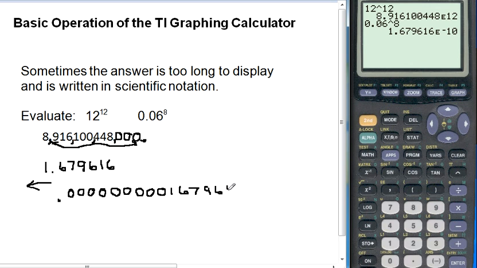And so it just tells you how to move the decimal point to get the actual value of the answer when the number itself won't fit on the screen. And you also should know that the last digit that's kept, which is the 8 in the first answer, the 6 in the second answer, is a rounded off digit.